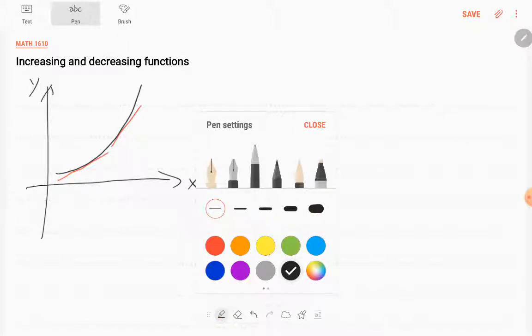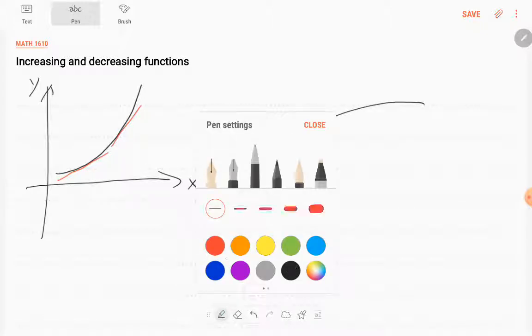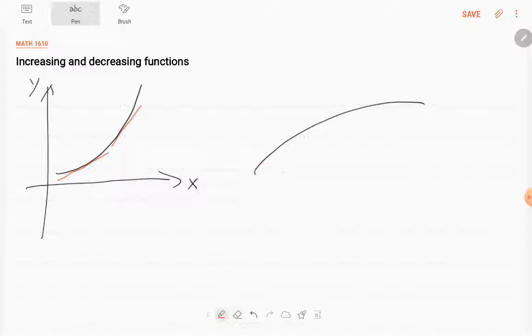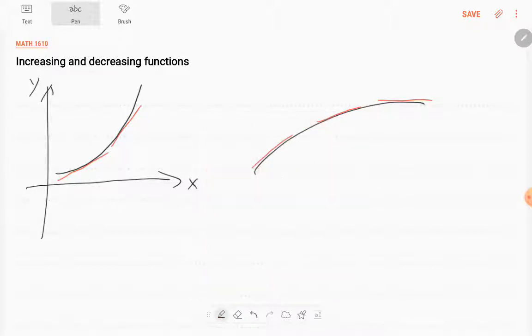This is also another increasing function. And this is the tangent line. So you will notice that for increasing functions, the derivative is always positive.